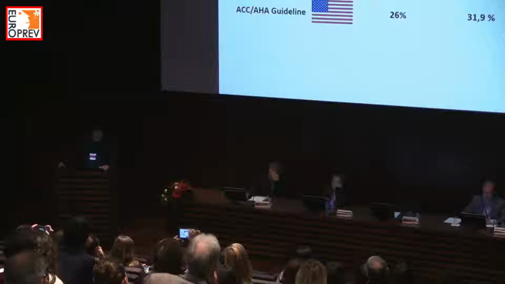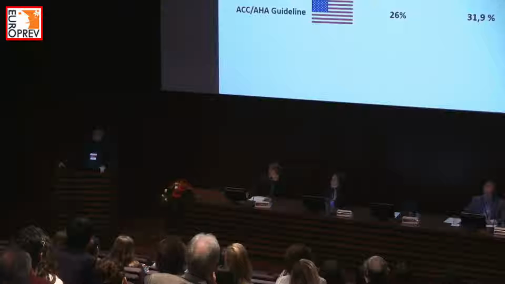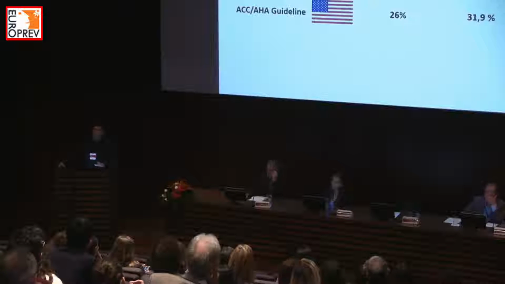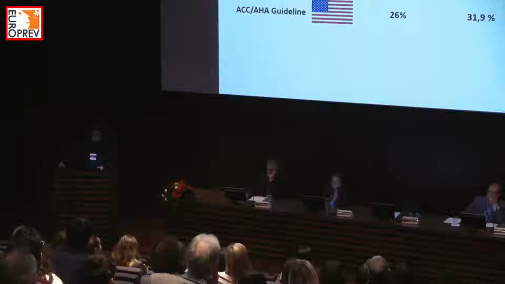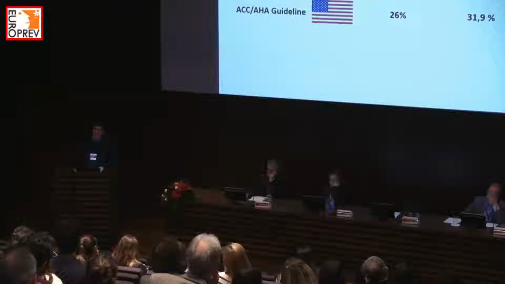According to that, 3.9% should be treated according to European guidelines, because there are some patients that were already treated, 16.4% according to British guidelines, and almost 32% of this population according to the American guidelines.